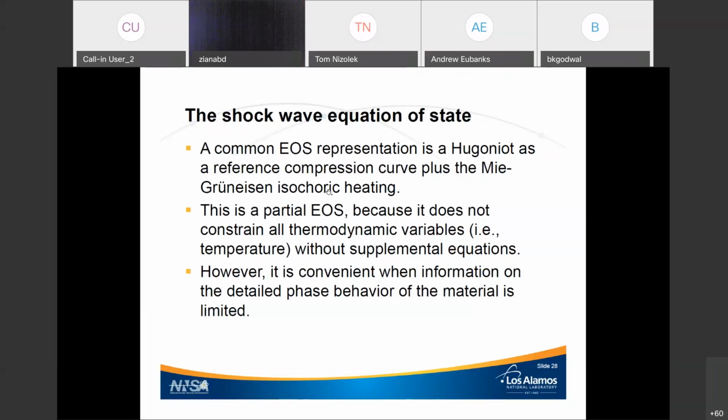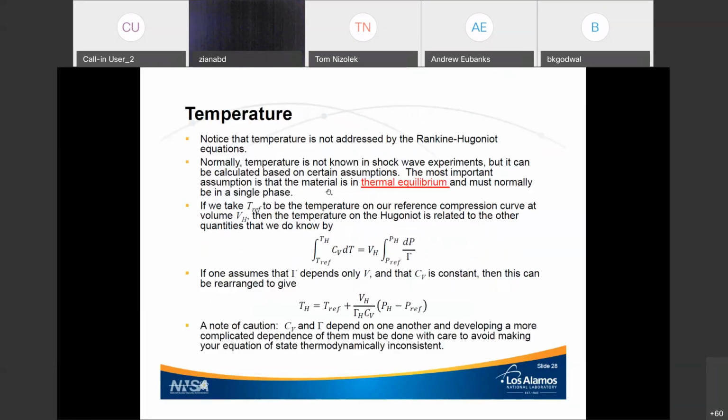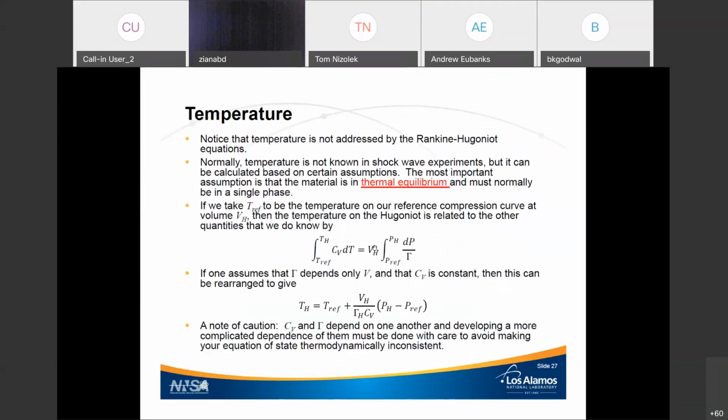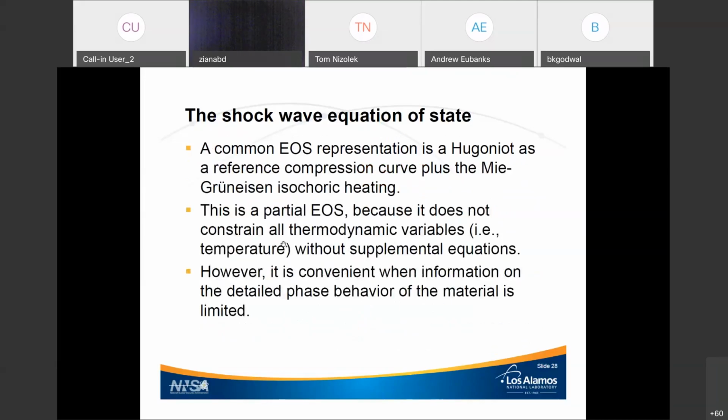This is a partial EOS, as is the EOS required to get this right here, because it doesn't involve all the thermodynamic potentials, in particular temperature. You need a supplemental equation. But it is a very convenient thing when information on detailed phase behavior of the material is limited.